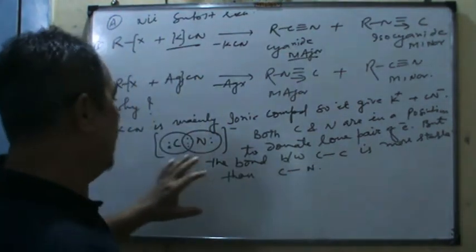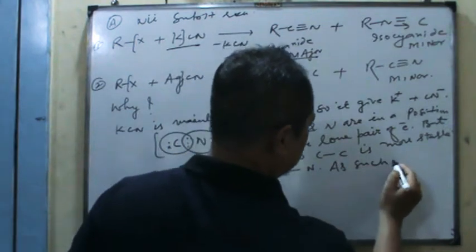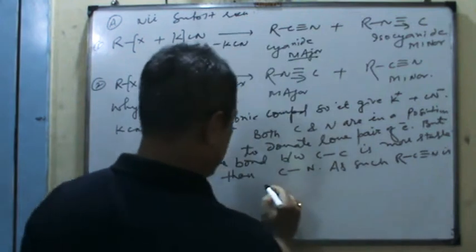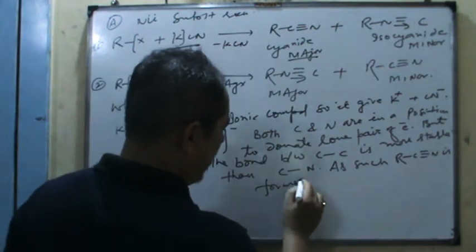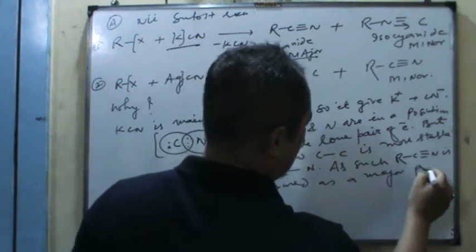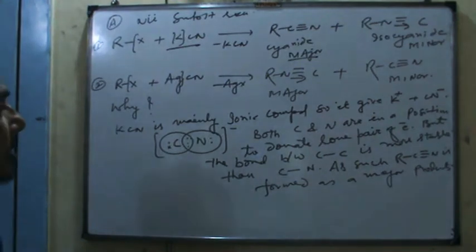Nitrogen. As such, alkyl cyanide is formed as a what product? Major product.